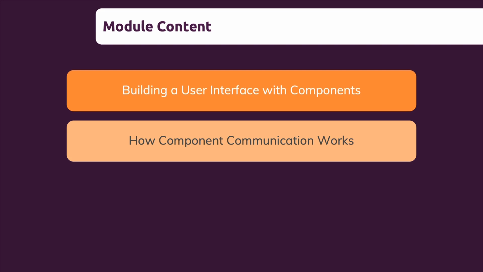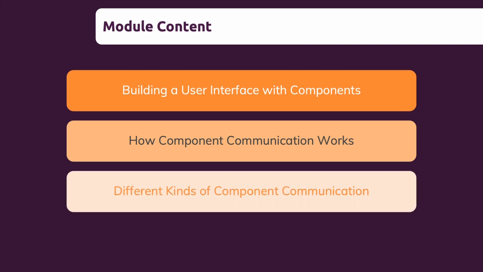Because as you'll see, and as you actually already saw a bit in the component introduction module, passing data to components and between components will be an important concept. Now, last but not least, you will also see that there are different ways of communication, and you will learn which approaches exist and when you use which approach. So therefore, let's not waste any time and let's get started with working with components and with letting them talk to each other.